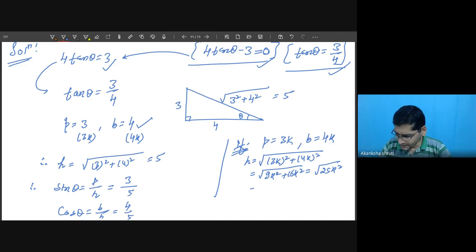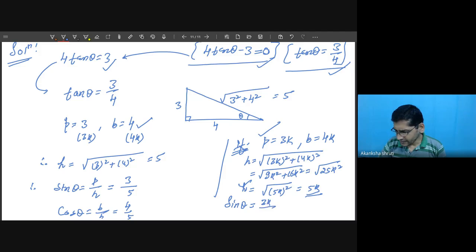So k square is there, so k can be taken out and 25 can be written as 5k whole square like this. So ultimately this k as well as the 5 is out. So in this case, even if you are taking this as sine of theta, here you will put P by H. So this P is our 3k by 5k.